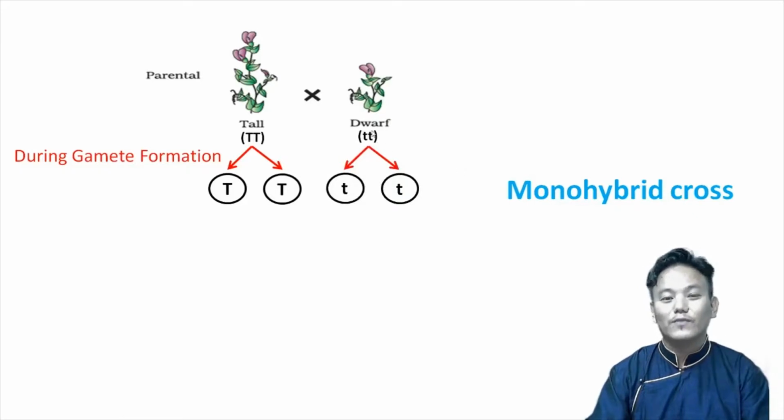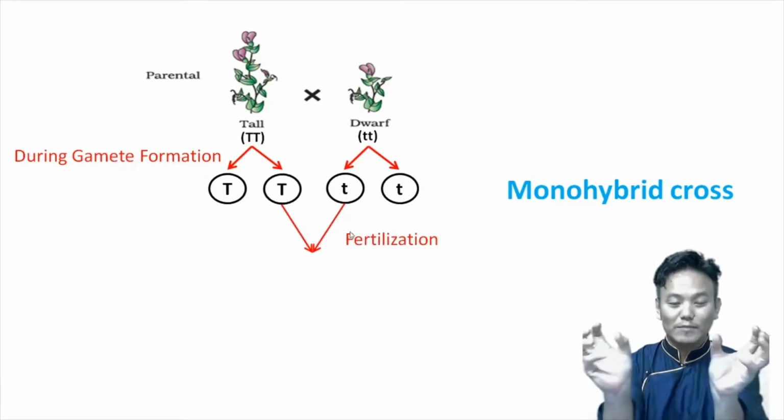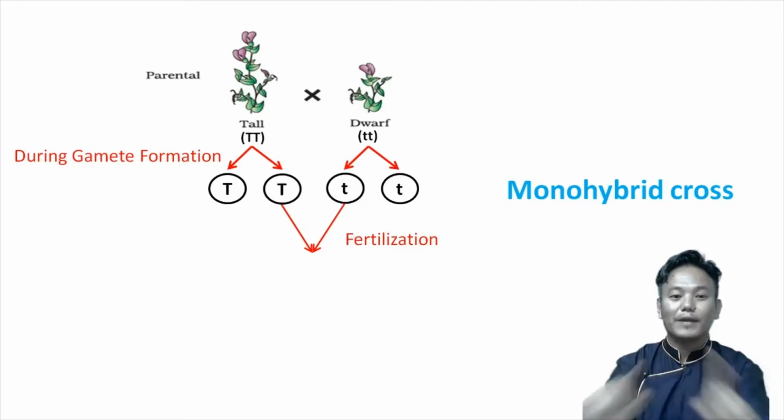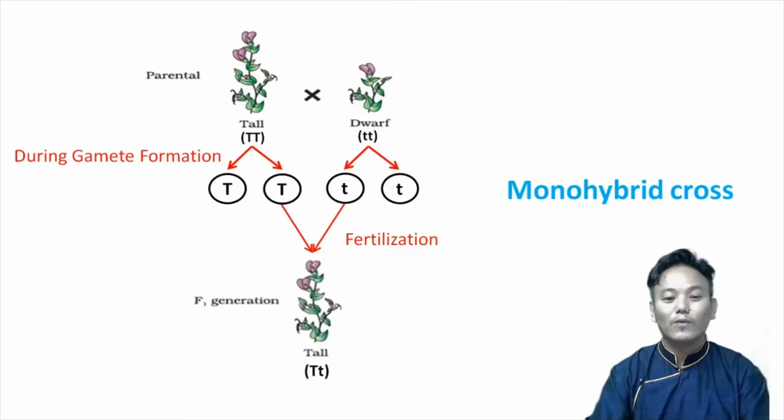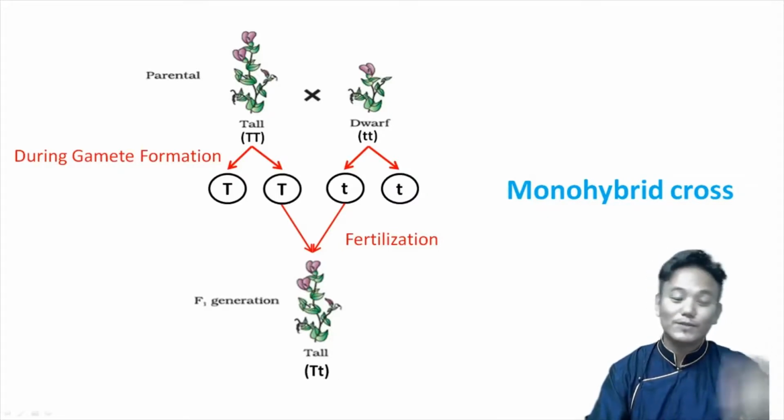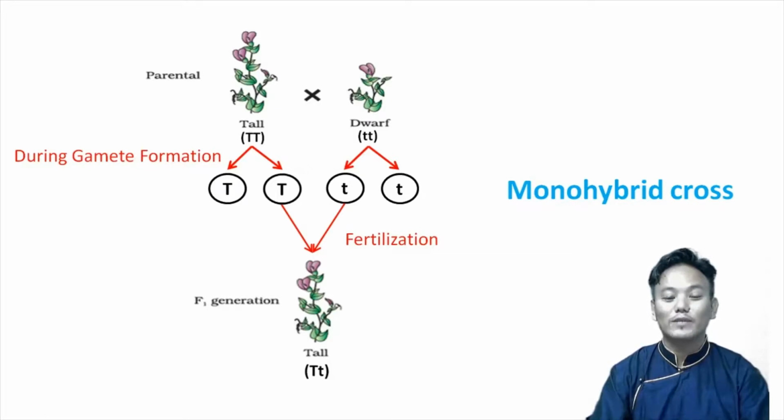During gamete formation, or meiosis, the allelic pairs get separated. And during fertilization, the two gametes come together and the alleles pair up. So this particular plant is produced, and it is tall because, as we discussed in the law of dominance, the capital T dominates the small t. Okay, so that is the law of segregation.